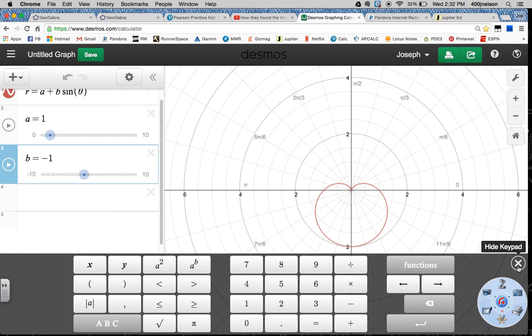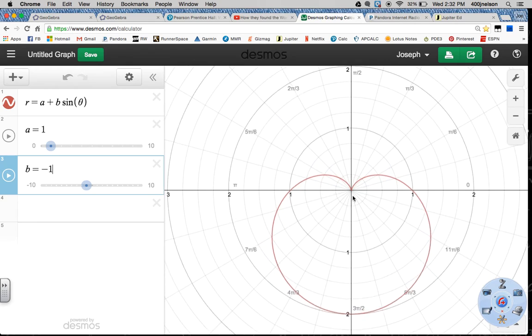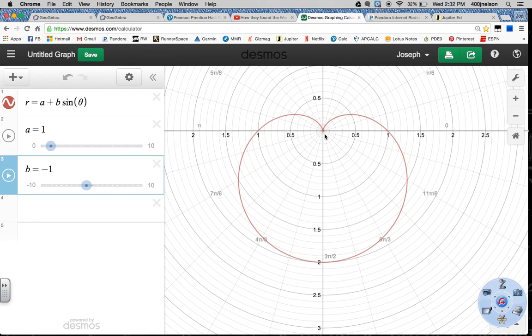All right, so let's zoom in. You notice here, it has symmetry about the y-axis. It kind of looks like a heart. I know it's not exact, but hearts don't really look like the picture that you guys always draw. And notice that A over B is 1, and that represents my cardioid.